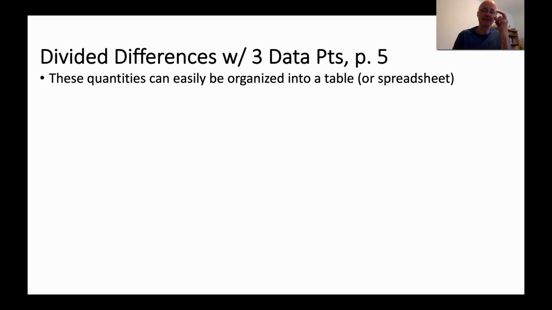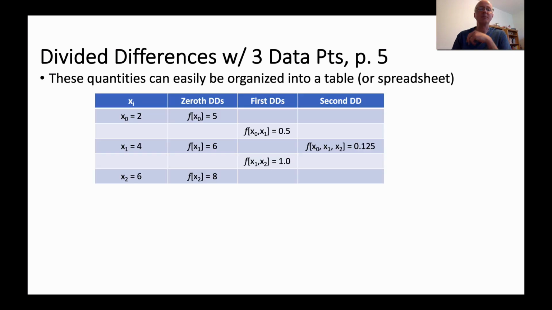It's good to organize this stuff into a table or a spreadsheet like this. And I'm purposely putting a little space in some of these, like here, here, and here, because it's helpful for thinking about organizing the table. So these are my nodes, 2, 4, and 6. These are our zeroth divided differences, which are really function values, 5, 6, and 8. Here are our first divided differences.